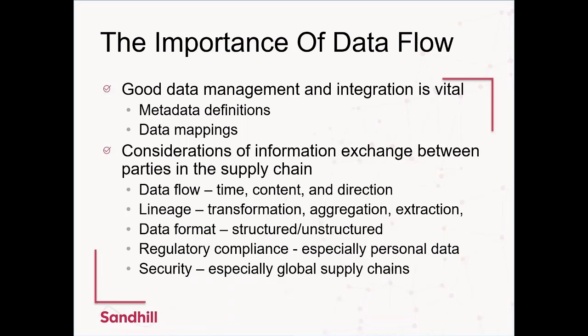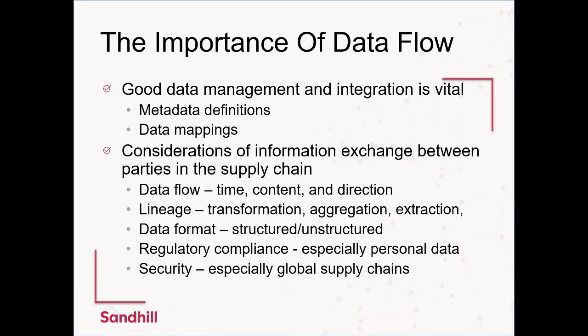Is there any information that we need to understand about the lineage? What we mean by that is, is there anything which is going to happen to that data? Does it have to be transformed from one type into another? For example, if we measure in metric, in meters, does it have to be transformed into feet or inches? Are we aggregating volumes and orders?